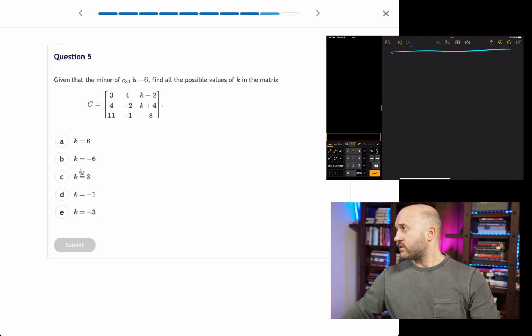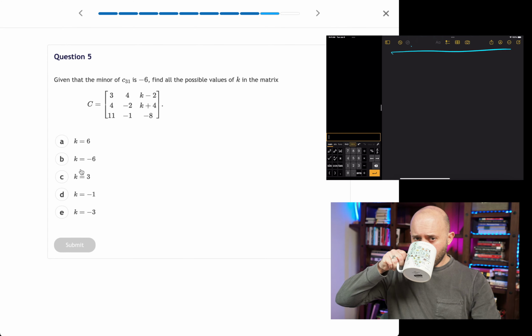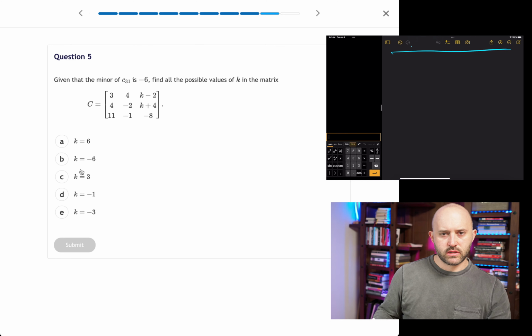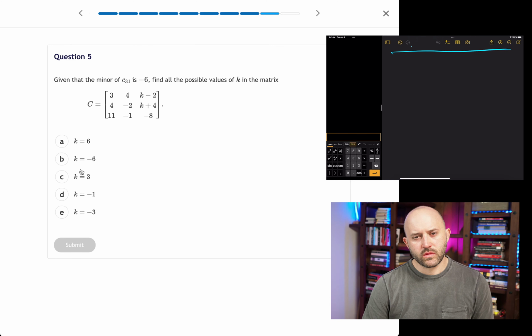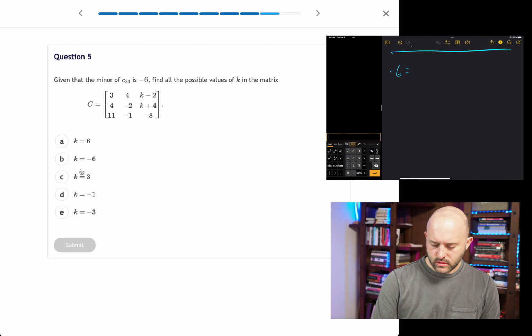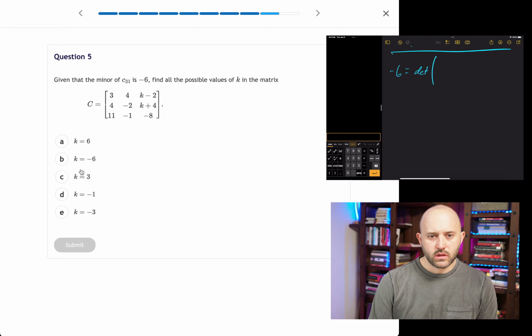Question number 5. So the minor is minus 6. All possible values of k in the matrix. Okay. So negative 6 equals the determinant of, and it's 3, 1.